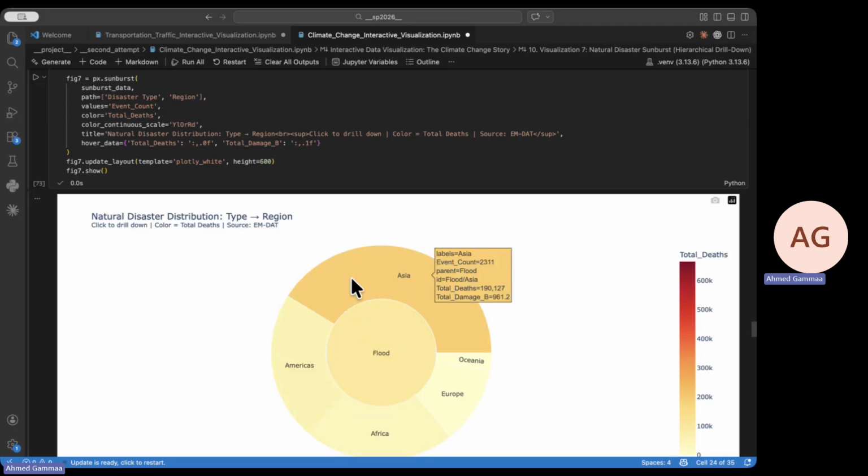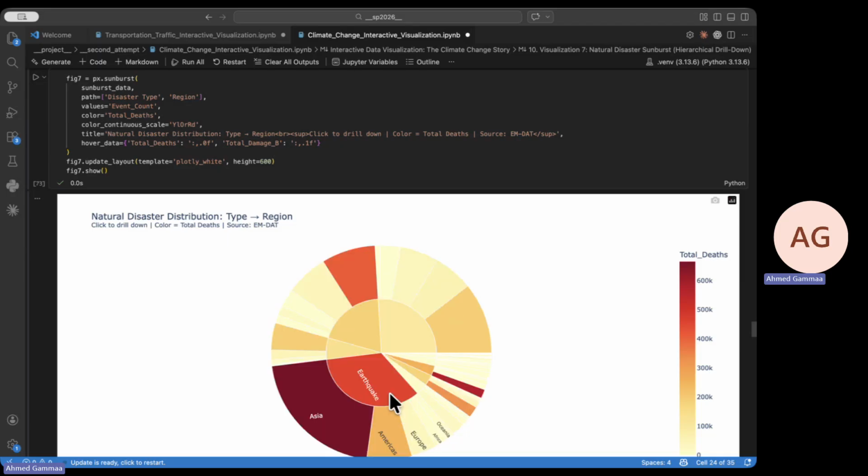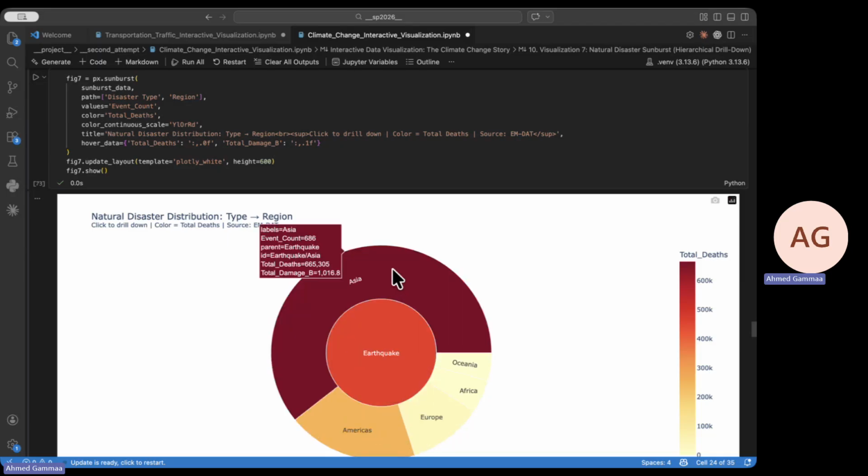When you click, Asia is dominating with over 190 total deaths and almost 0.9 trillion in terms of total damage. If you go for another one, for example, the earthquake, again, Asia is dominating with almost half a billion total deaths and more than 1 trillion total damage.